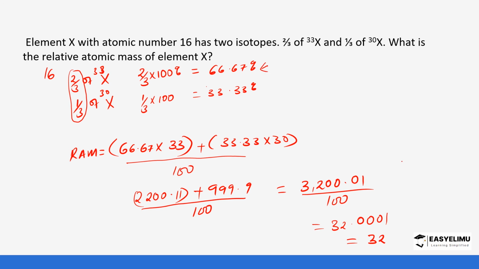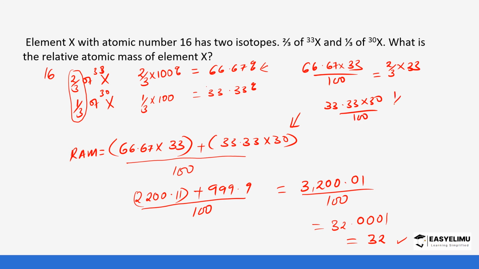If you notice, when you look at this expression here, 66.67 times 33, if you divide this by 100, it's the same as 2 over 3 times 33. The same case, if you take 33.33 times 30 divided by 100, it is the same as 1 over 3 times 30.